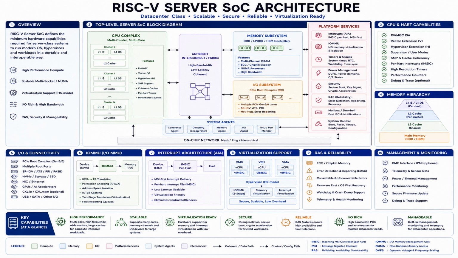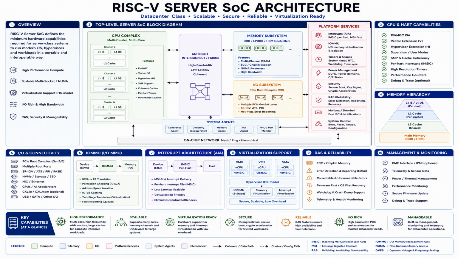Section 5 describes I/O and connectivity to show external interfaces and device connectivity. The I/O subsystem includes PCIe support for Gen 5 and Gen 6. Example PCIe devices are GPUs, AI accelerators, NVMe storage, and network interface cards.